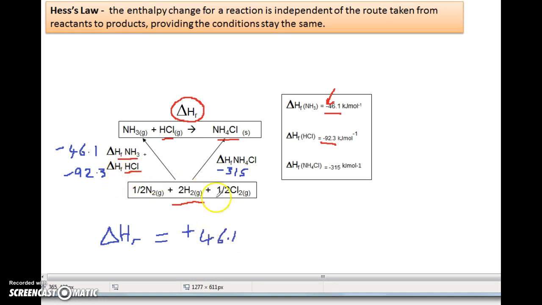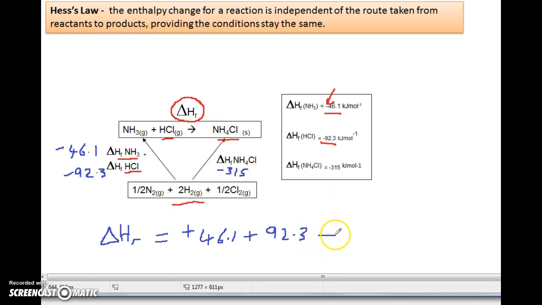Similarly with the HCl, to go from the elements to HCl would be minus 92.3. It changes to a positive to go back the other way. Now we're going to go from the elements up to ammonium chloride.